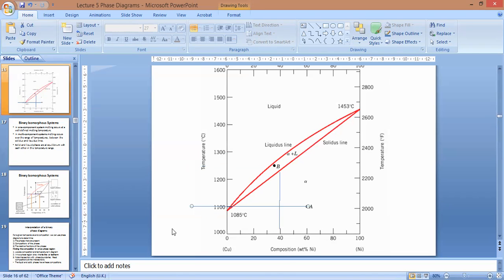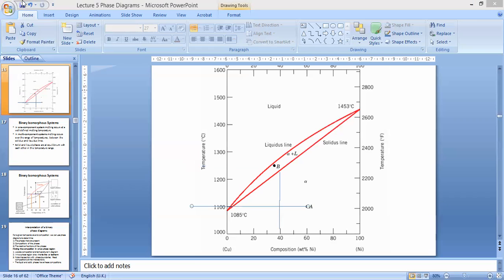And for point A, here, what's the temperature, Eunice? Can you please give us the temperature for component A?